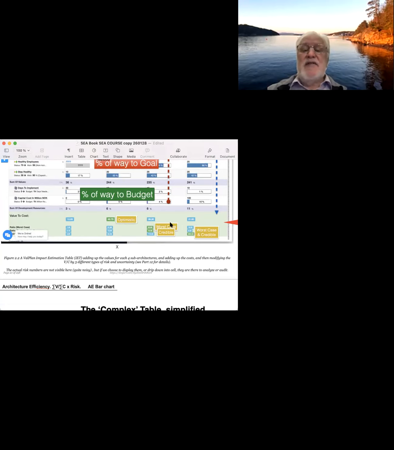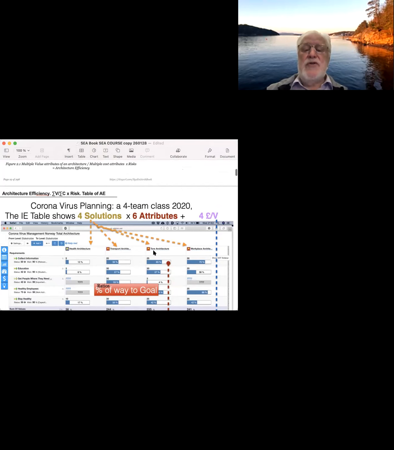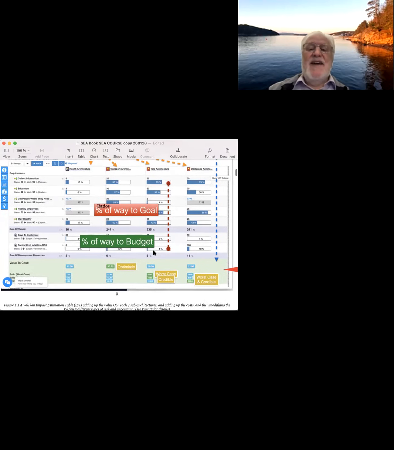And it turns out when we took risk into account, the winner was Ture's team's architecture, called Ture architecture there. So in other words, an architecture that wins without regard to risk, with optimistic thinking, might not be the same as an architecture that wins with regard to risk thinking. And that's why we need to take the risk thinking in.